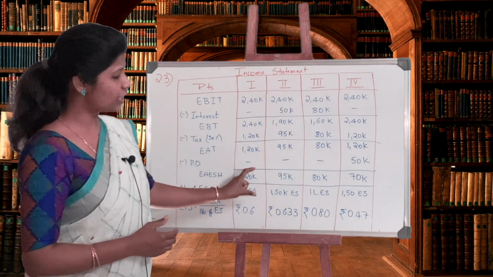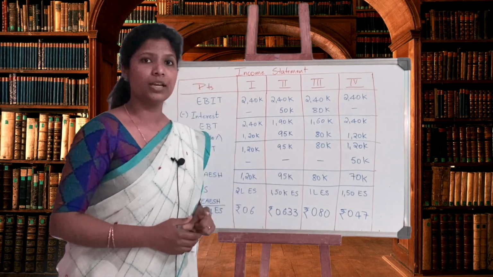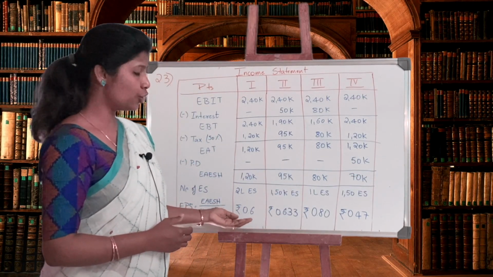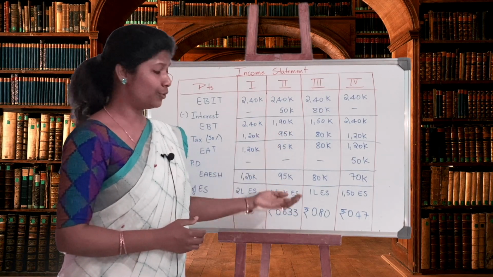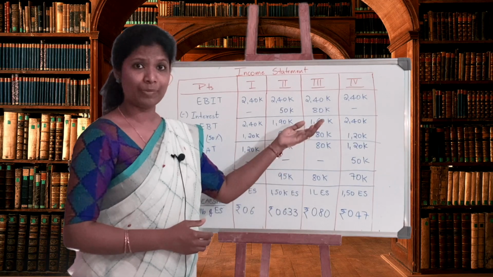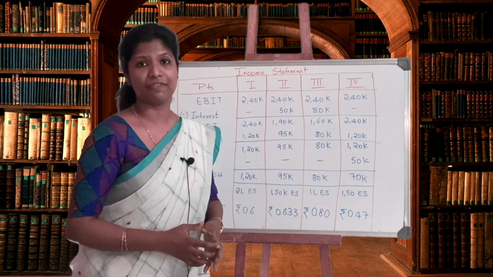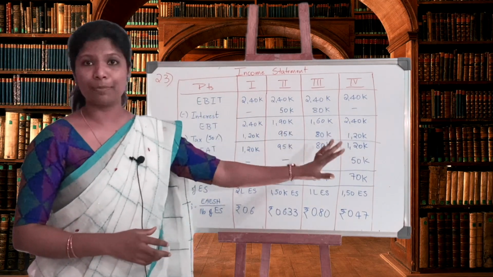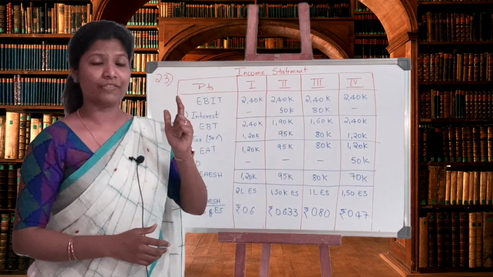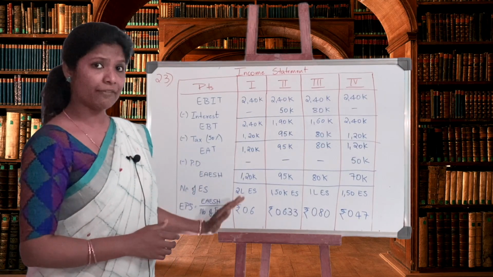So once we divide these values for all the individual plans, we arrive at 0.6 rupees for plan 1, 0.633 for plan 2, 0.80 for plan 3 and 0.47 for plan 4. Is that clear? So as you observe all the plans, we have done the working note, we have calculated the income statement and we arrived at EPS.